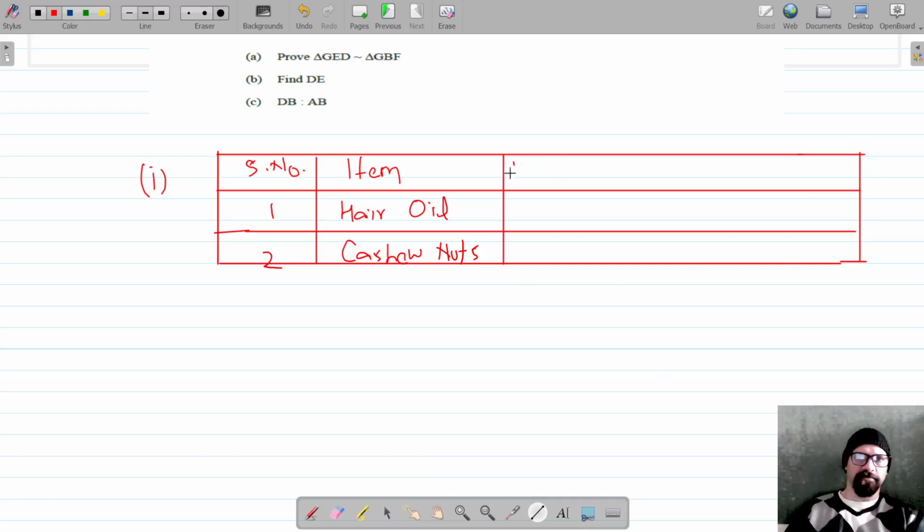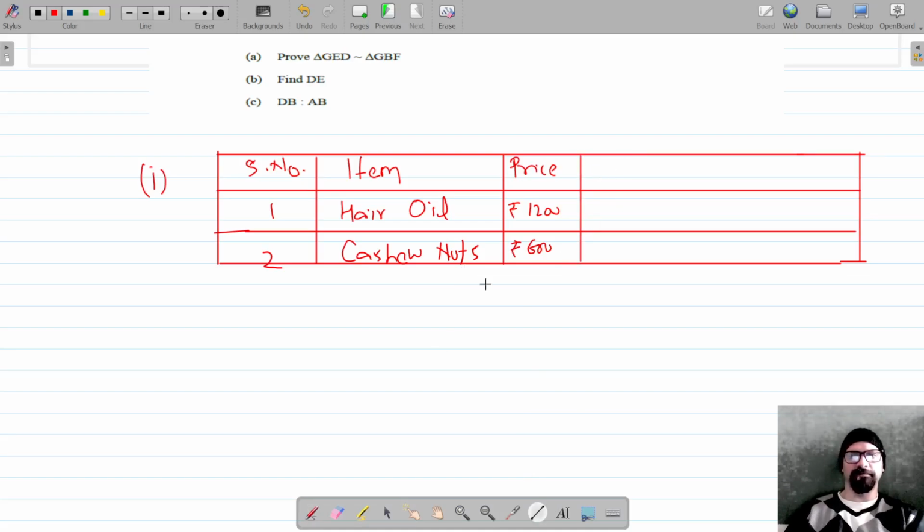And the price is rupees 1200 for the hair oil, sorry. And for the second one, it's rupees 600. So she bought cashew nuts for 600 and the hair oil for rupees 1200.